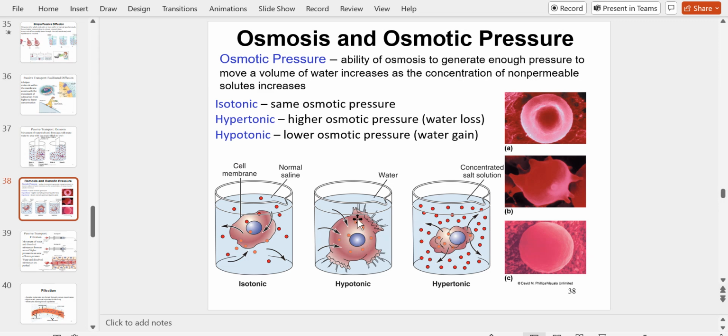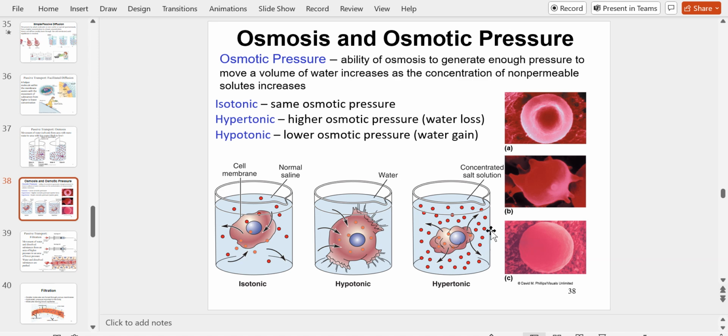I love it. Isotonic: when you take an RBC and place it into the same salt concentration as it's used to, you get it looking nice, where the salt coming in is equal to the salt coming out. If you place an RBC into a salt water concentration that is higher than what it was used to, the water will leave the RBC and travel into the salty water.